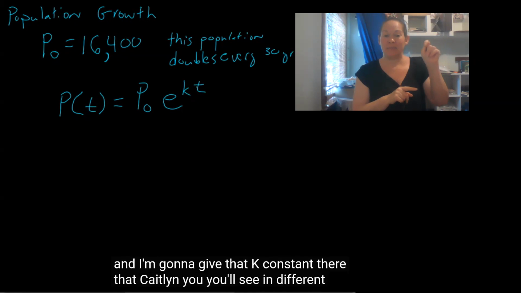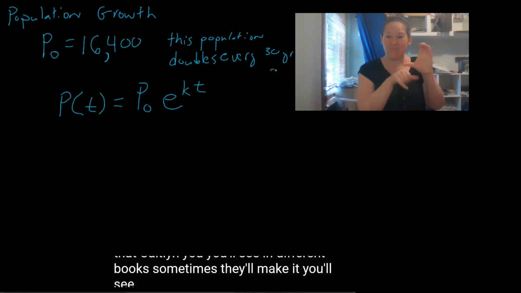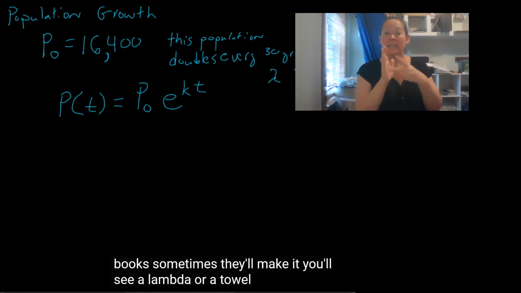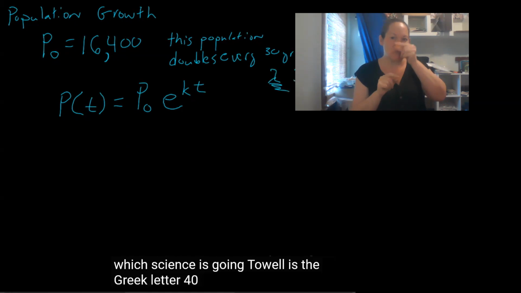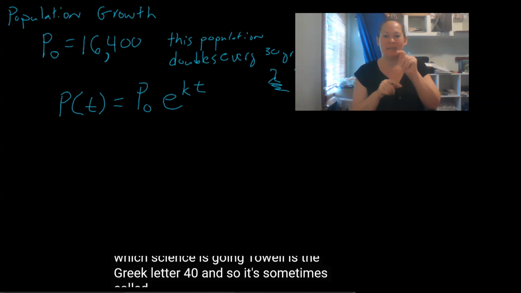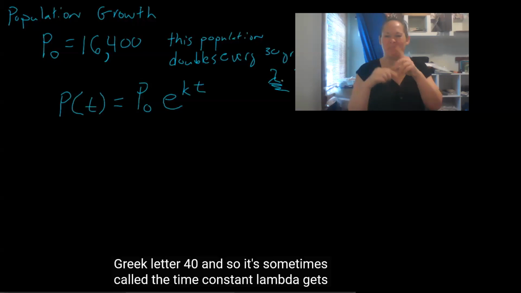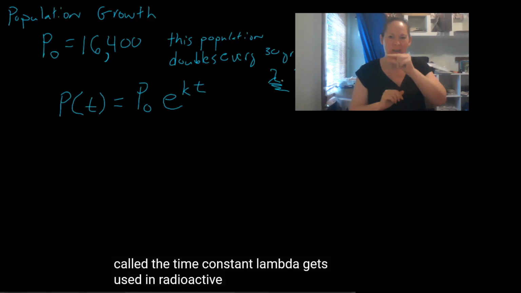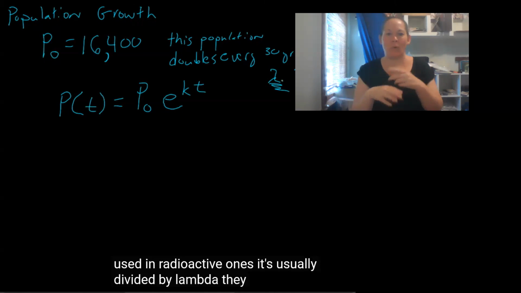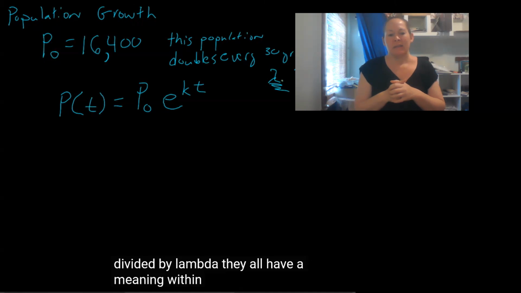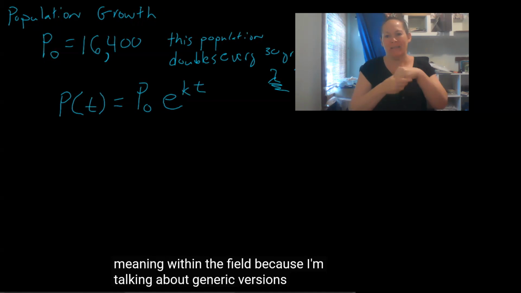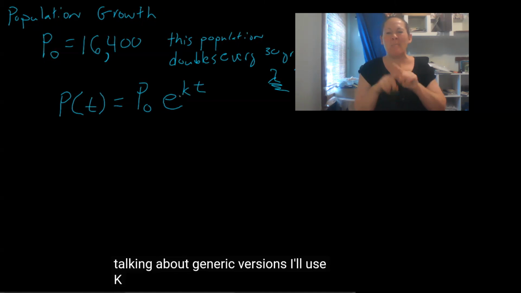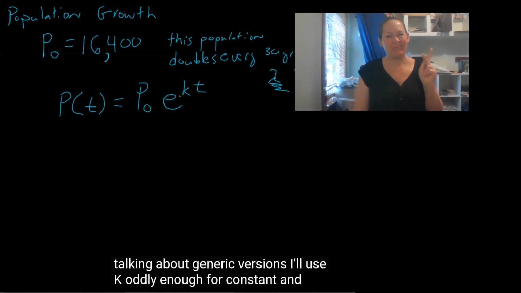You'll see in different books, sometimes they'll make it a lambda or a tau, depending on which science is going. Tau is the Greek letter for t, and so it's sometimes called the time constant. Lambda gets used in radioactive ones. It's usually divide by lambda. They all have a meaning within the field. Because I'm talking about generic versions, I'll use k, oddly enough, for constant.